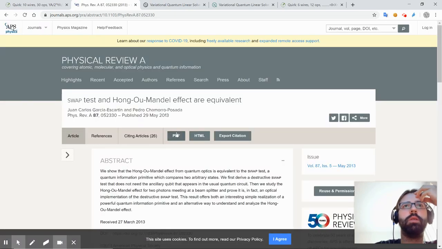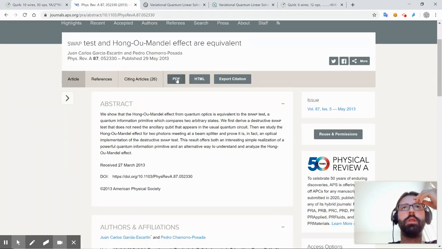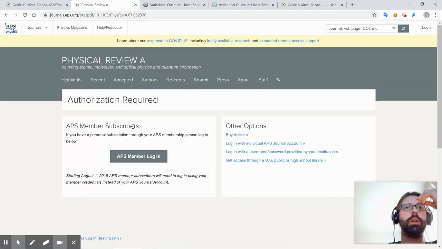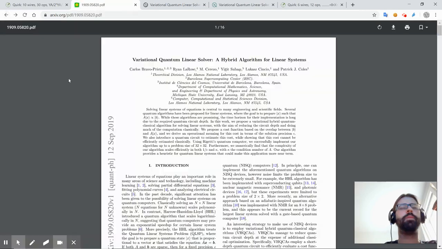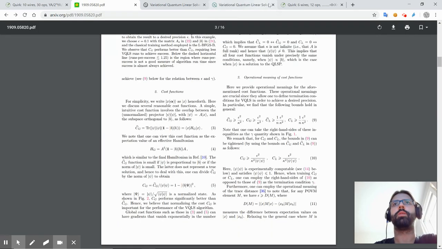So can I just open the PDF directly, or do I have to pay? PDFs. Waiting. Come on. Okay, but that's a swap test, right?